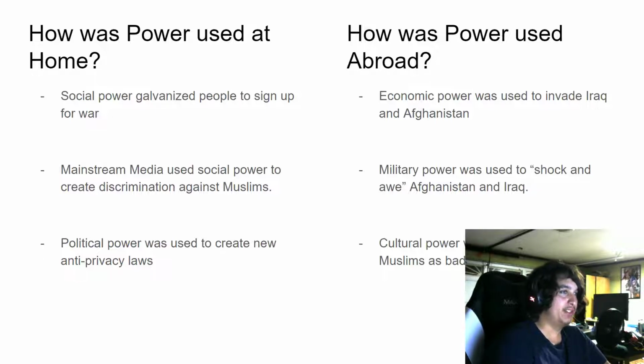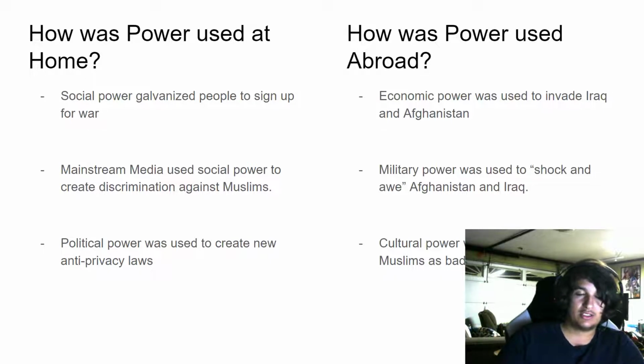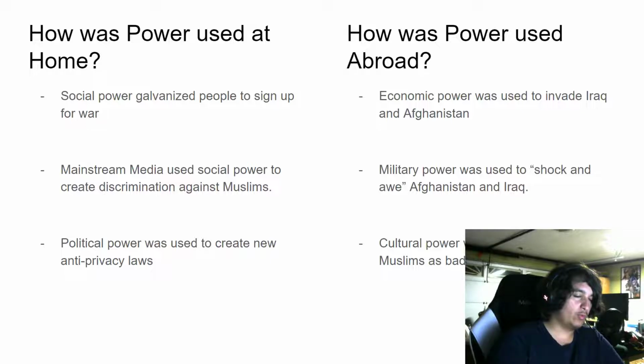How is power used at home? Power can be explained in many ways. Social power was used to help people sign up for war, similar to World War II having people sign up for war. It was a patriotic call, especially after the nation was attacked, to go defend your country and to go attack the war on terror.